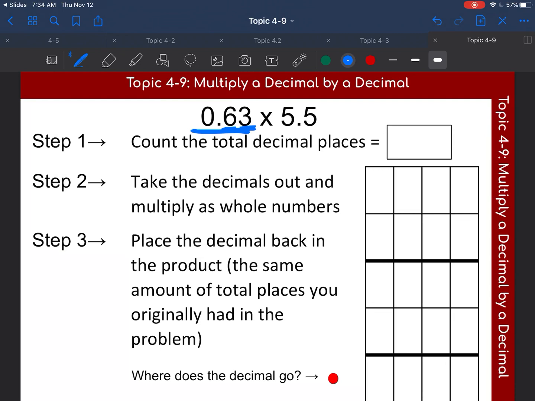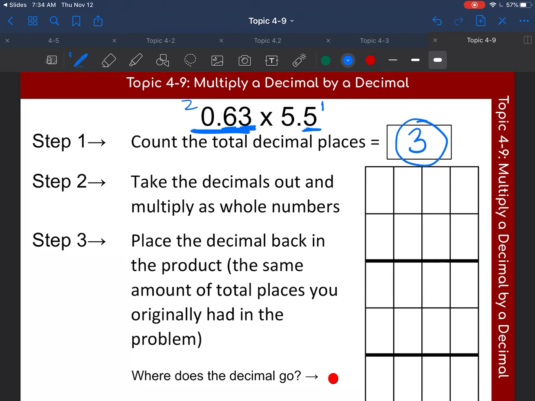And how many decimal places does 5 and 5 tenths have? It has 1. So in all, both factors combined have 3 total decimal places. What this number means is that when we get our answer and put the decimal place back in, we want to make sure it has 3 total decimal places.